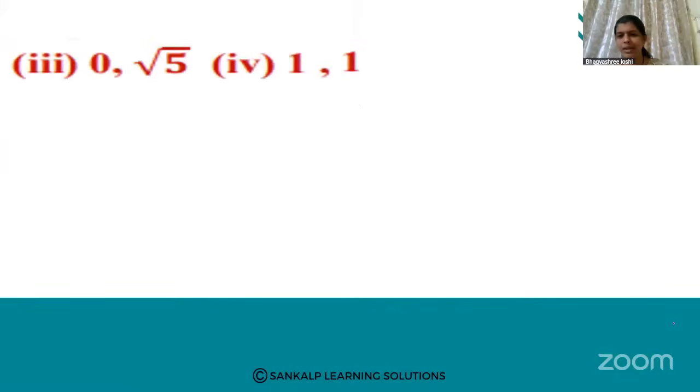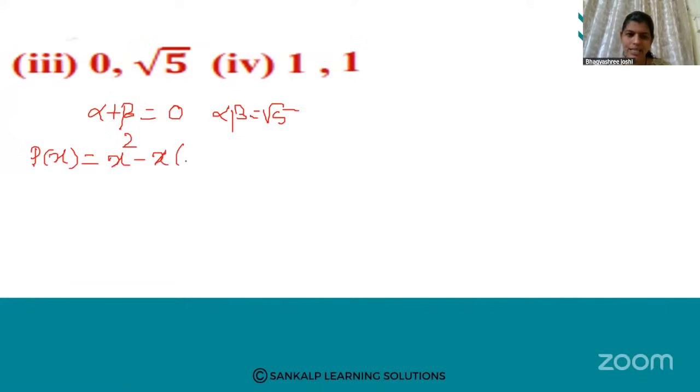Next problem. Okay. So this is a very simple problem. Here only the numerator is there, there is no denominator. So directly we can solve. Alpha plus beta equal to 0. Alpha into beta is root 5. So what is our expression? P of x equal to x square minus x into alpha plus beta plus alpha into beta.